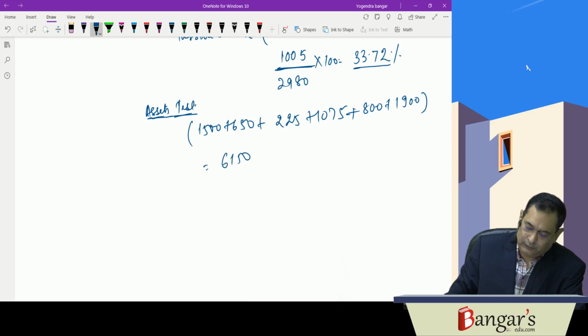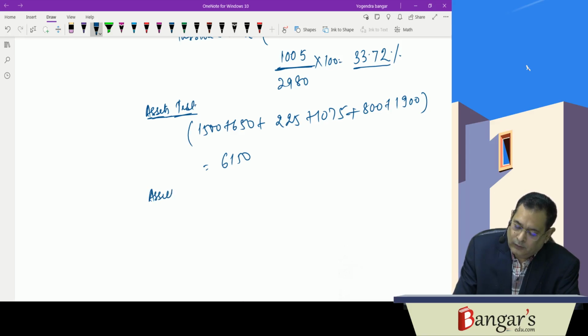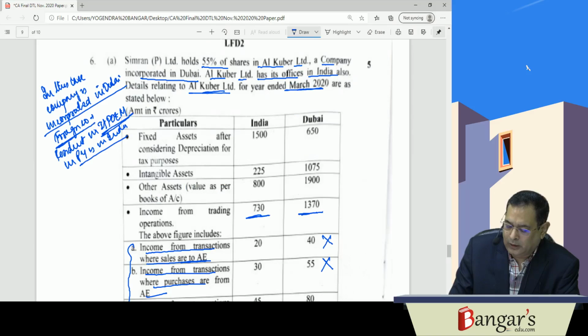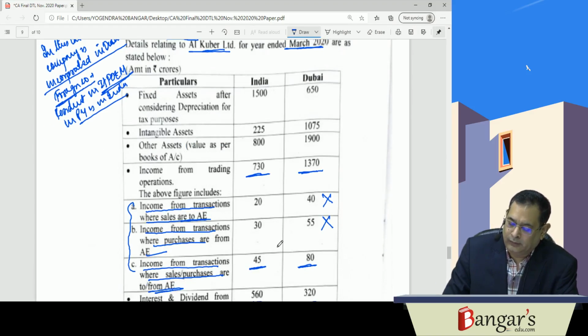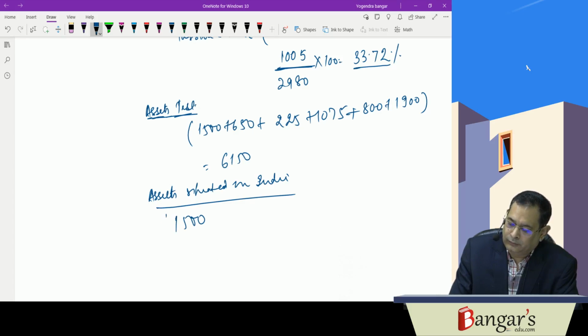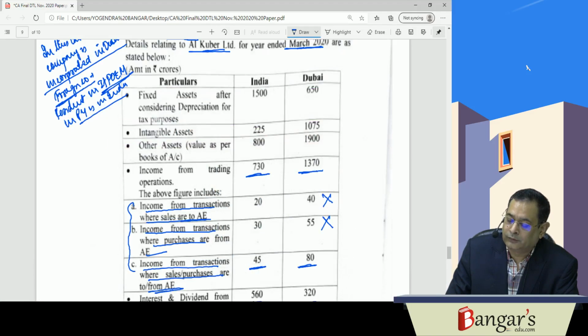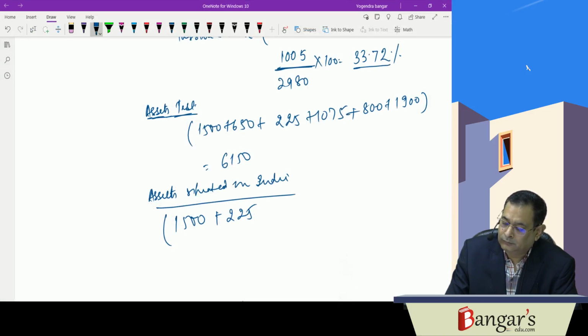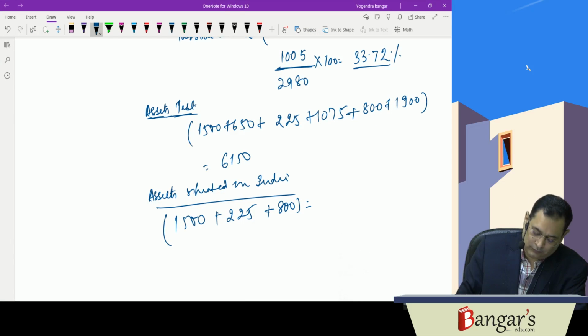And the assets situated in India: how much are they? 1500, 225, and 800 are the assets which are situated in India. That is 2525.